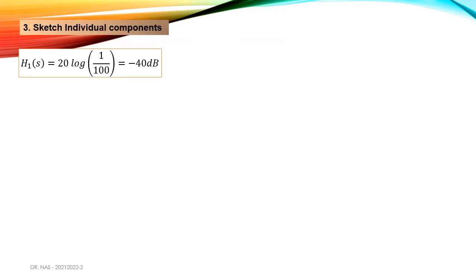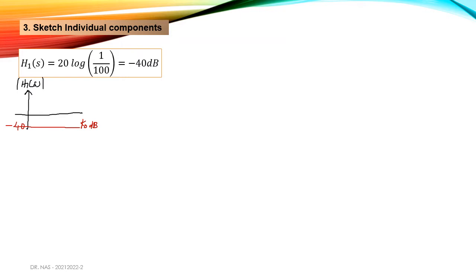Next, let's sketch individual components based on the individual transfer functions that you have derived earlier. First one, start with the constant. You need to sketch both the magnitude and the phase plot. For the constant, negative 40 dB, this is H1(s), so you just have a constant of k0 in dB, which is negative 40.